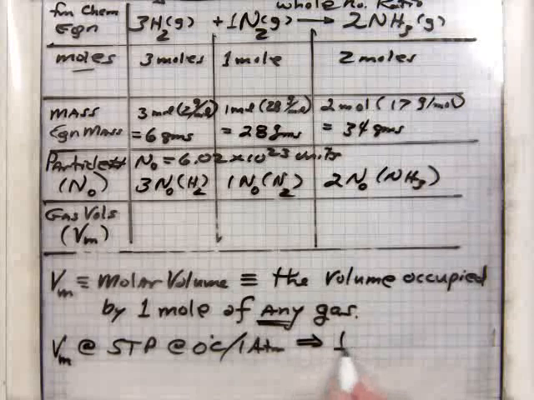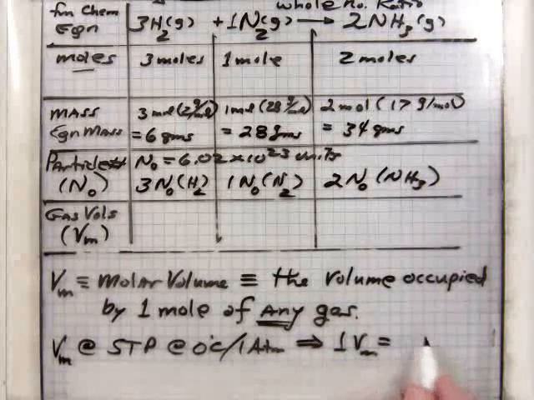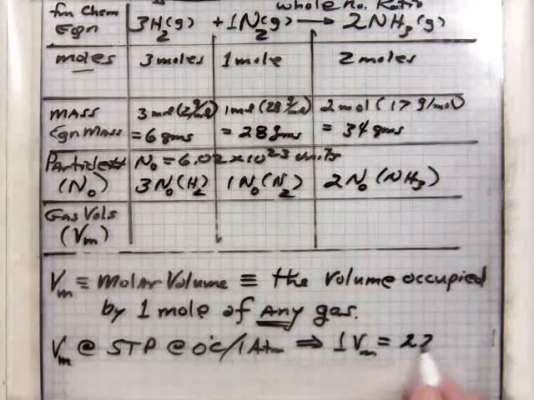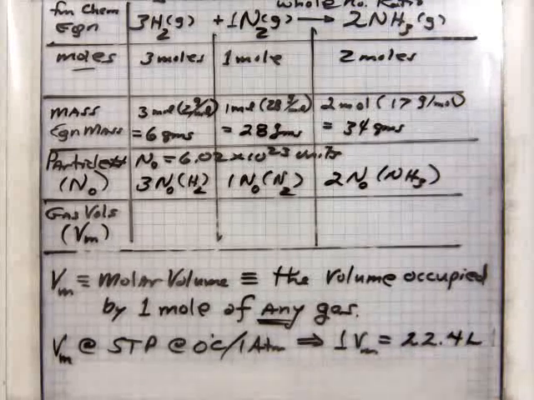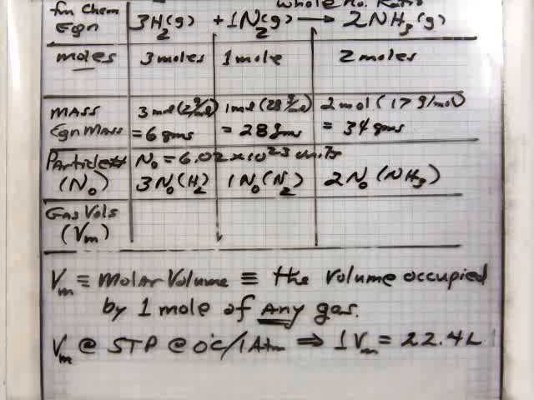Then 1 VM can be defined as 22.4 liters for 1 mole of any gas. So 1 mole of any gas will occupy 22.4 liters, but you must specify the conditions. If the temperature is higher, you will have a bigger volume. If the temperature is below 0 degrees, you'll have a smaller volume. So it is very important that you understand that for the gas volumes, you have to specify a temperature and pressure.